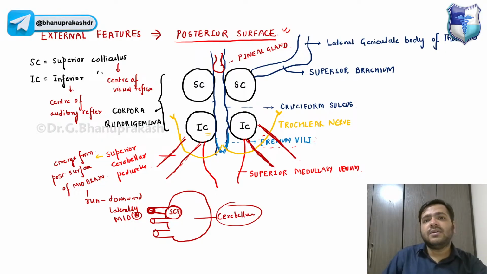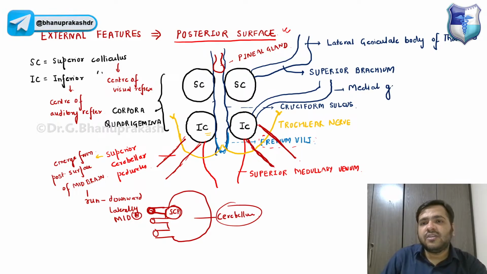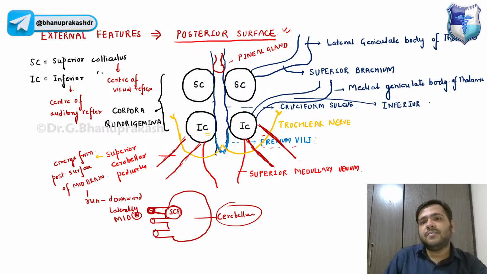And remember, the inferior colliculus is also connected to the medial geniculate body of the thalamus by an arm-like projection, and that is something you guys already know, it is called the inferior brachium.